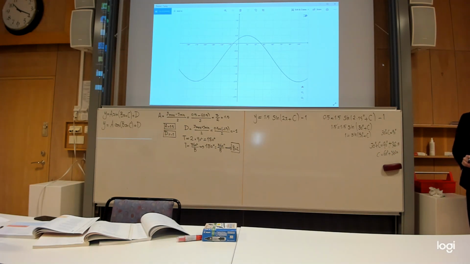But usually I'm asking you for one value, or I tell you the smallest positive one, or the largest negative one, or something like that. Yes? So for example, if I want to solve this problem, I usually prefer to choose n equal to 0, the simplest case, and I get C is equal to 60 degrees.